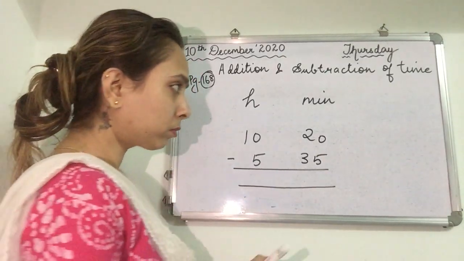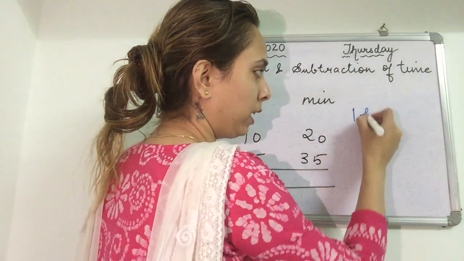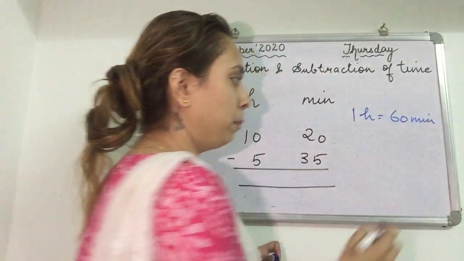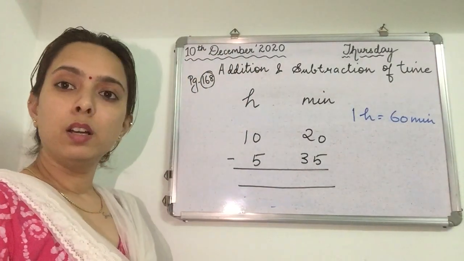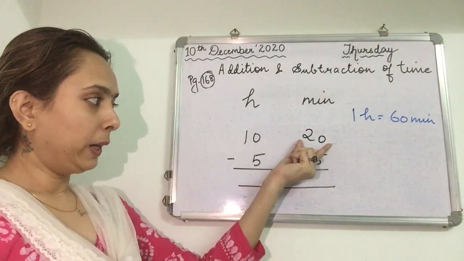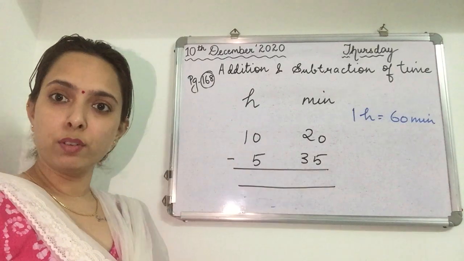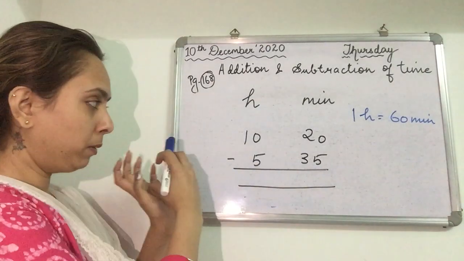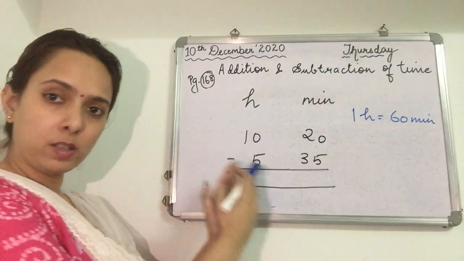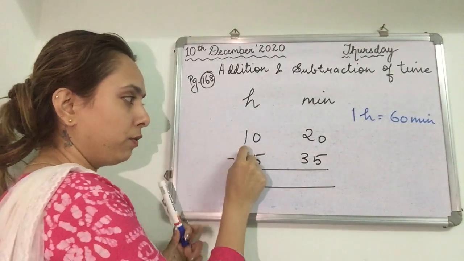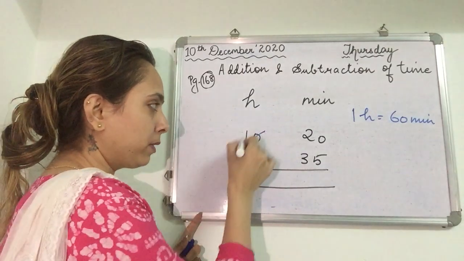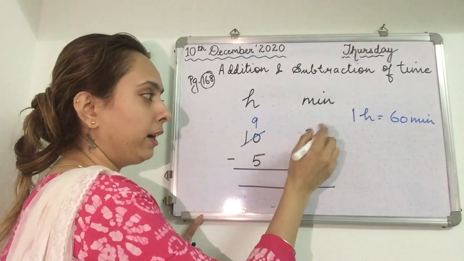Again, 1 hour is equal to 60 minutes. Again we see that 20 is lesser than 35. So again we will borrow from hours. If we take 1 hour from this, it will become 9 here.